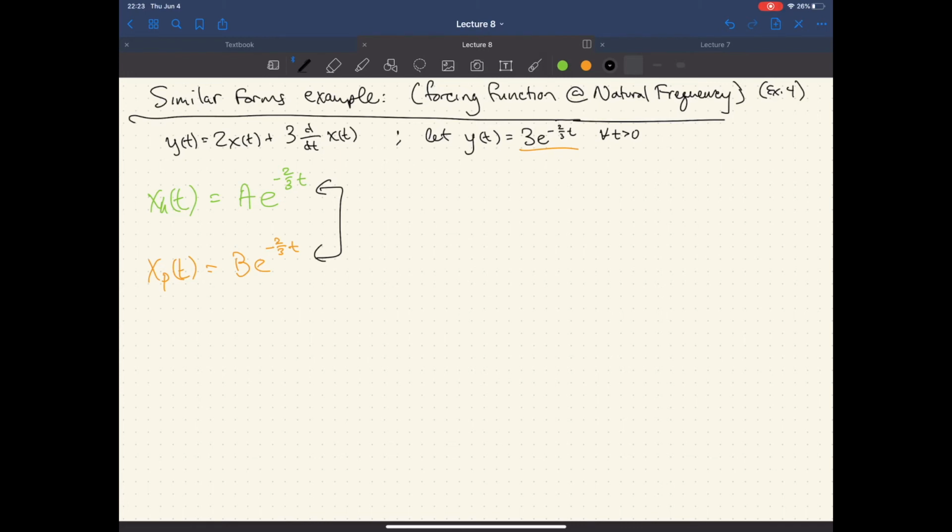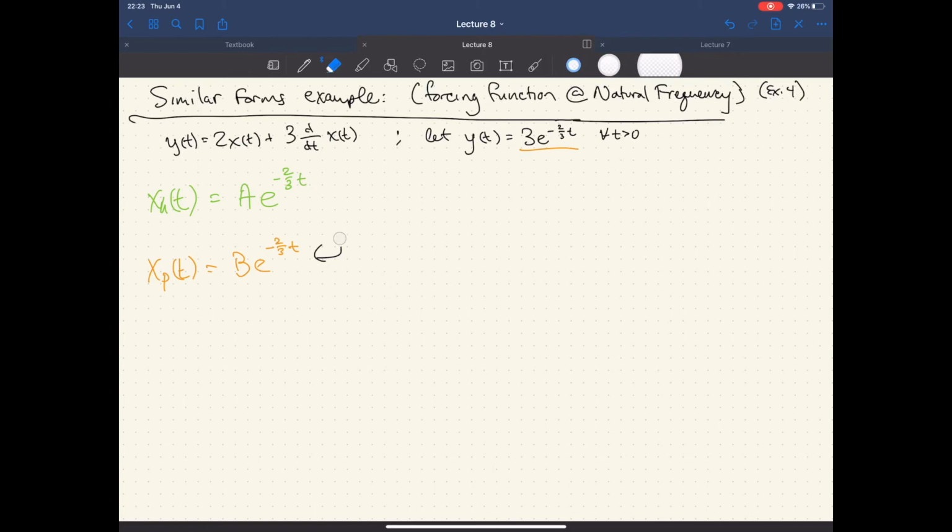The general rule of thumb is that if there's any duplication in the assumed form of our particular solution with the solutions from the homogeneous, then we just multiply them by t, or if necessary by t squared or whatever, to remove that duplication. All right, so we're going to go ahead and do that.